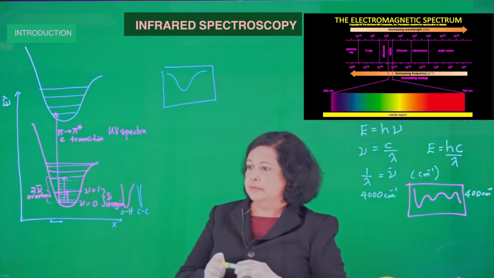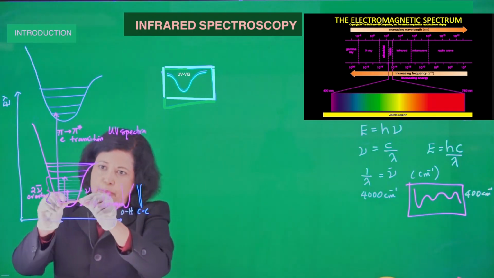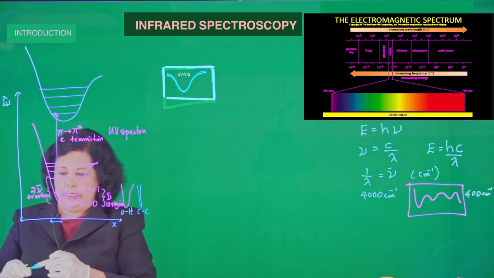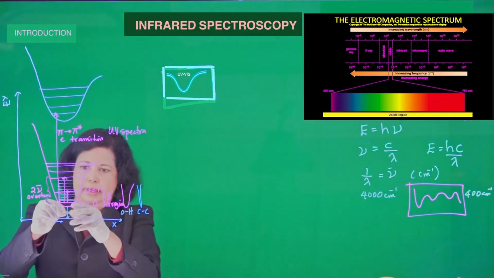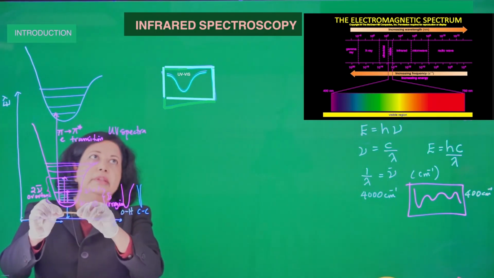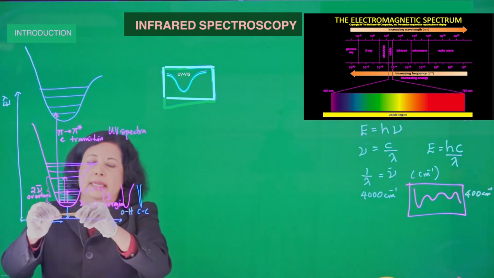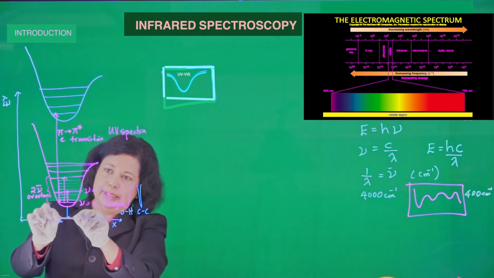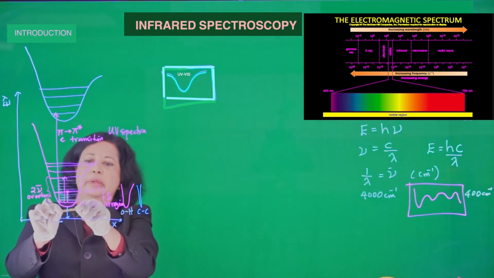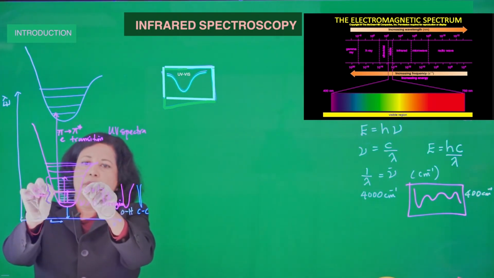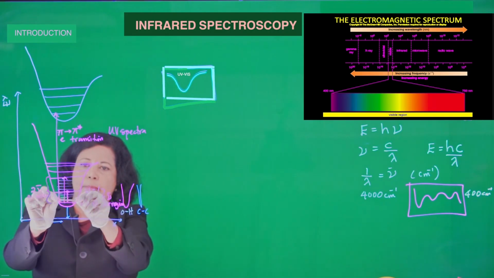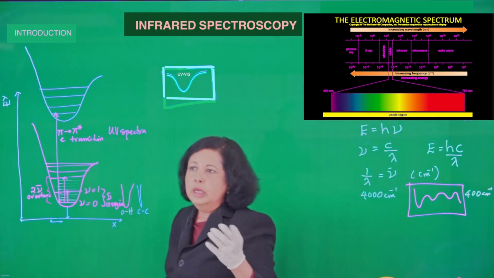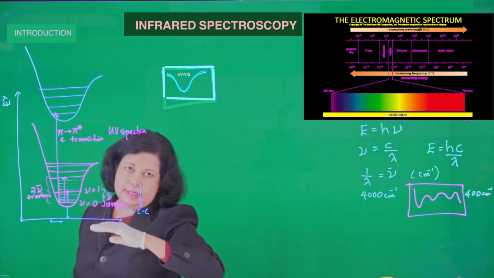Now, if you have molecules just vibrating, this is your perfect bond length. And let's say at equilibrium, and let's say that is your bond length. When you hit it with infrared spectroscopy, it gets into a fitness room, okay, and starts stretching and bending and doing all kinds of things. And here's when it stretches, keeps going back and forth, and then each type of bond will have a different frequency.